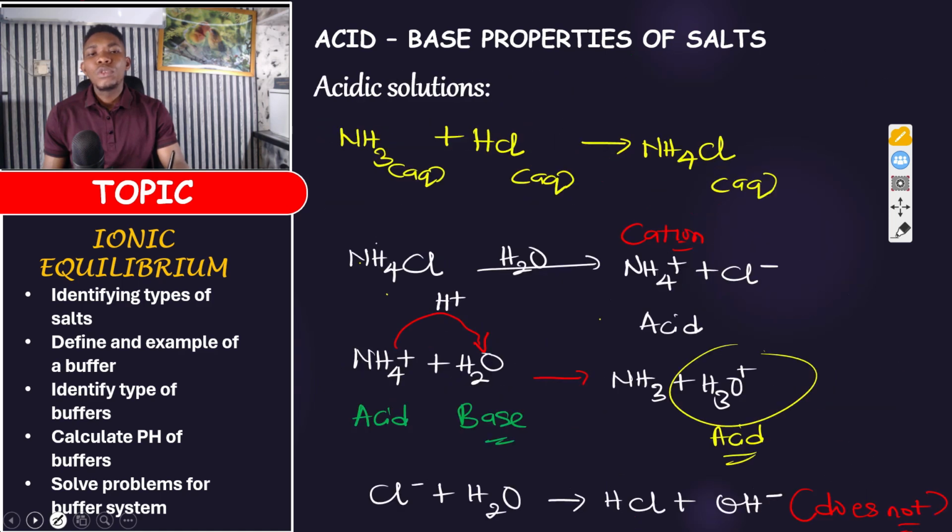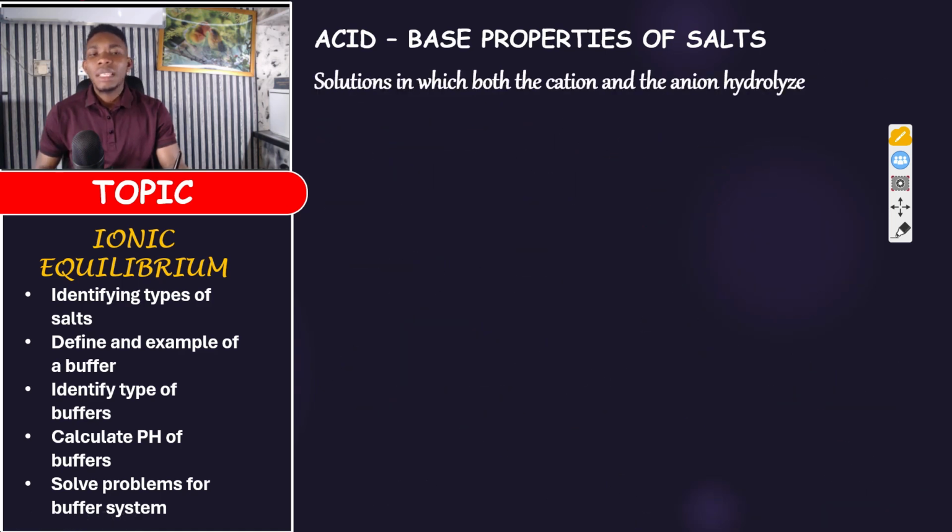Now we have some solutions where both cations and anions can be hydrolyzed. Now in such a solution, how do you predict the acidity and the basicity? You use certain key terms to predict them.